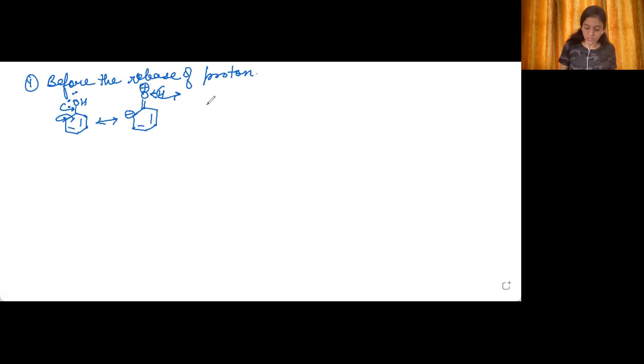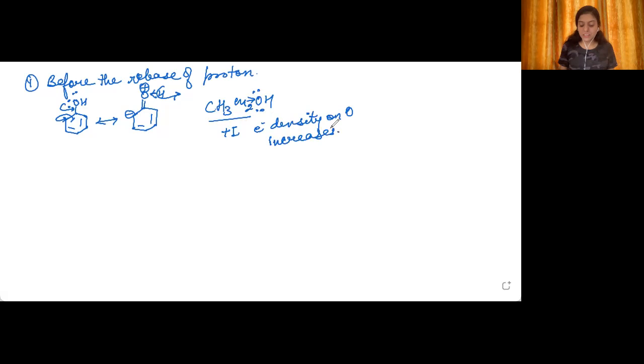Now let's move to C2H5OH or CH3CH2OH, that is ethanol. Now what is the case here? In this case, the lone pair of electrons on oxygen is not in conjugation with anything because there is nothing to conjugate with it. But at the same time, the alkyl group, that is the ethyl group, has a plus I effect. Because of the plus I effect of the ethyl group, the electron density on oxygen will increase.